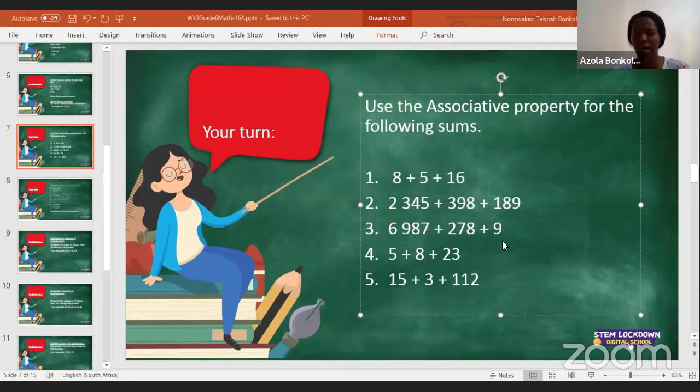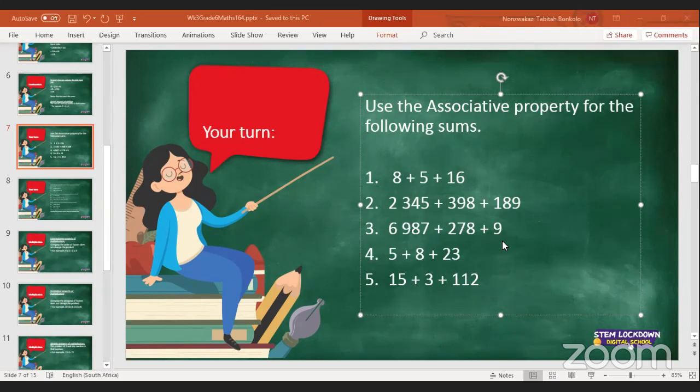Ashley, yes, you can go ahead. Well, the sum is 15 plus 3, so we'll bracket those two and then we'll say plus 129. Then we'll put an equal sign. Then we'll say 3 plus 12 bracketed plus 15, which will give me the answer.